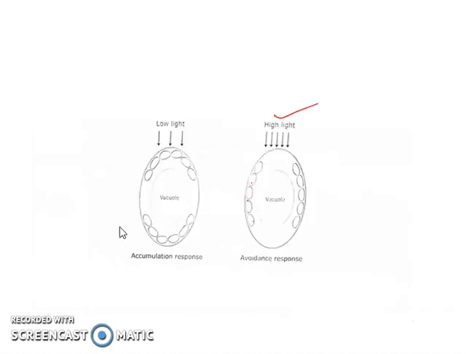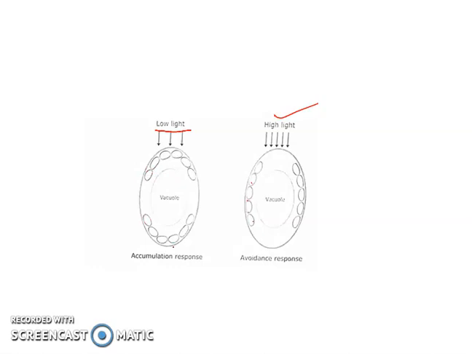Now let us have a look at chloroplast movement. When there is low light intensity, the chloroplast will move to the upper and lower region of the cell, and in the middle portion there will be presence of a vacuole. These are accumulated in the upper and lower region because there is low light intensity and it requires light for harvesting.